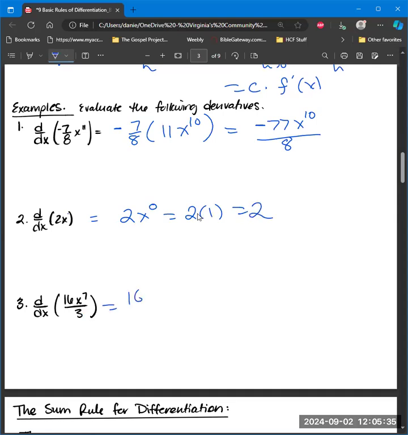We have 16 thirds times 7x to the 6th here. And 3 doesn't go into 7. So 6 times 7 is 42. 7 plus 4 is 11. Like so. All right.